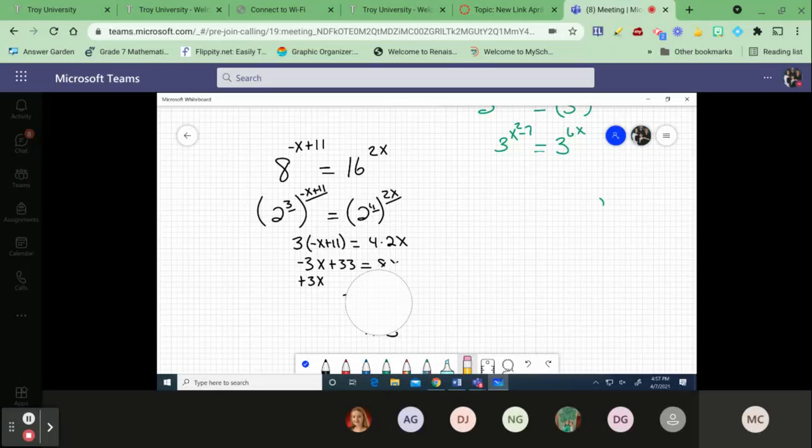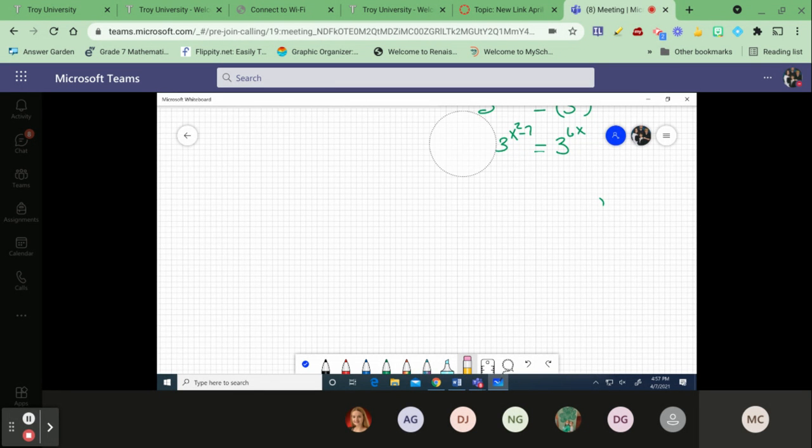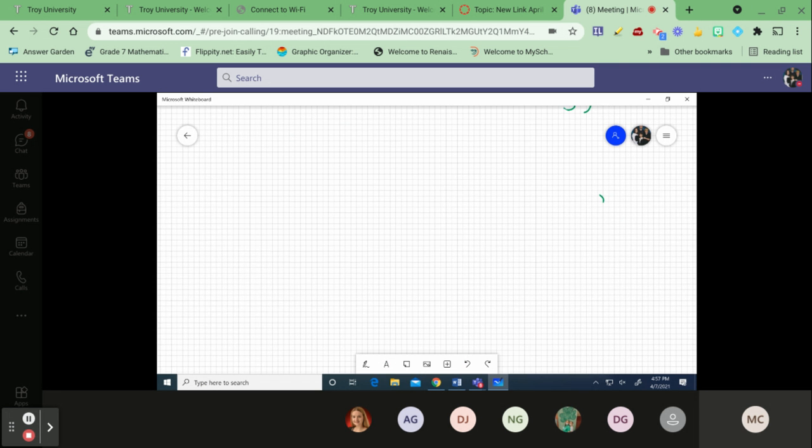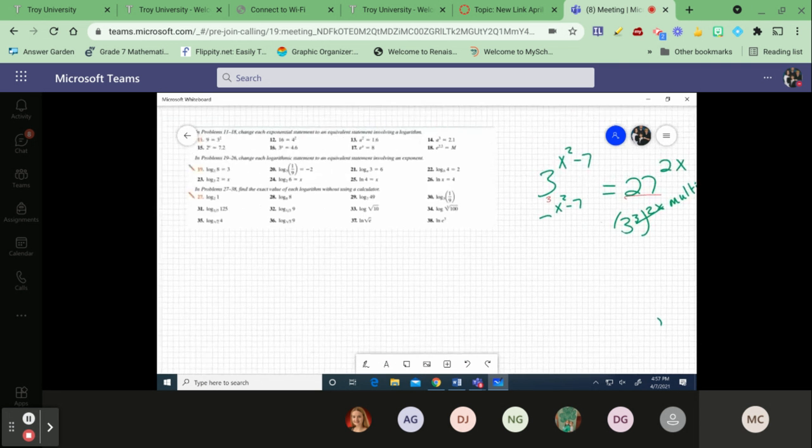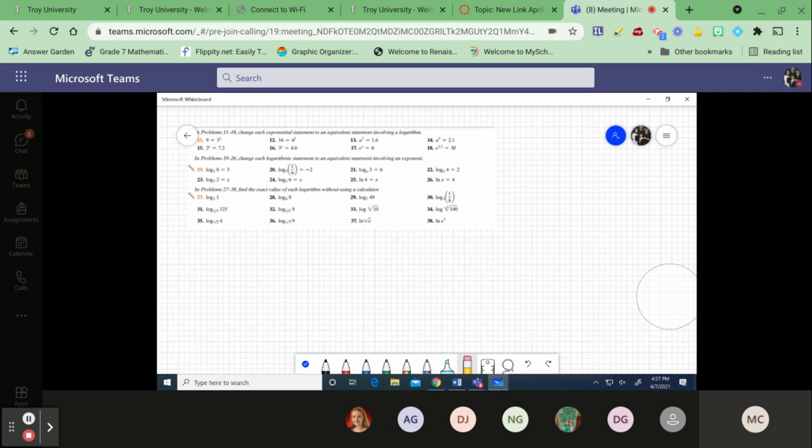Okay, so we have these equations to solve, and then we have the log and exponential equations to solve.